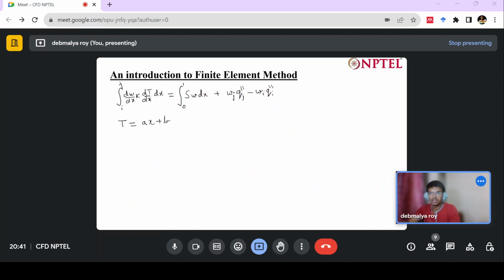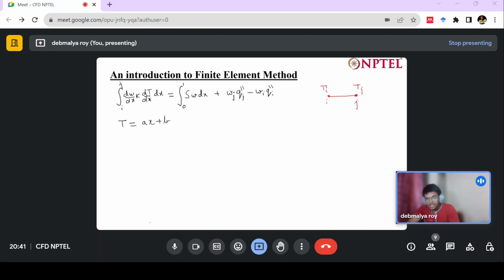A more interesting way to do this is as follows. I have these points I and J, which are two nodes. Here the temperature, let us say, is Ti, and here the temperature is Tj. These two are unknowns, so let us consider these as our parameters.